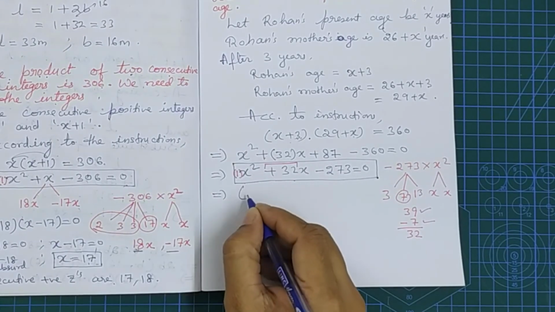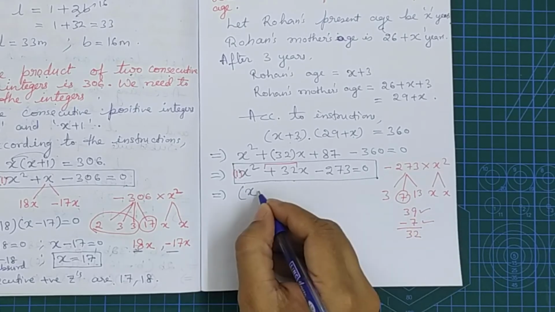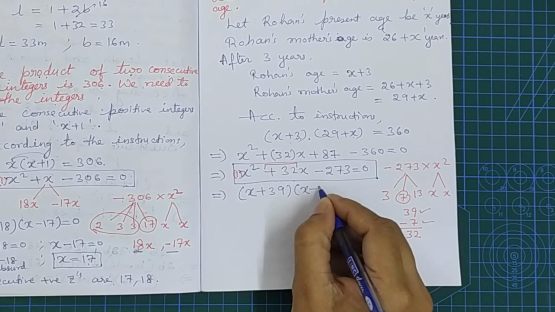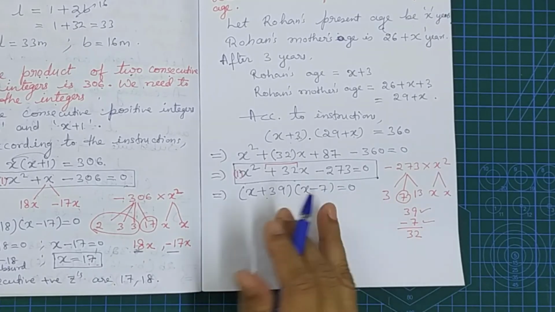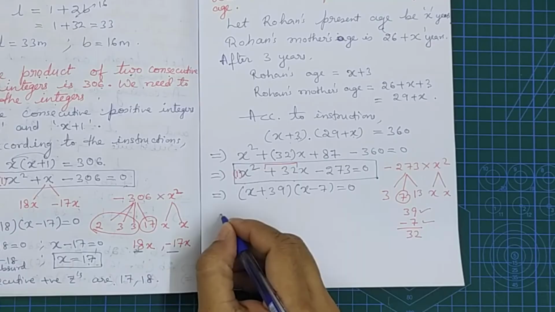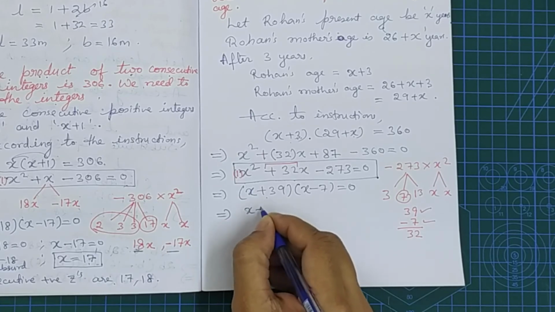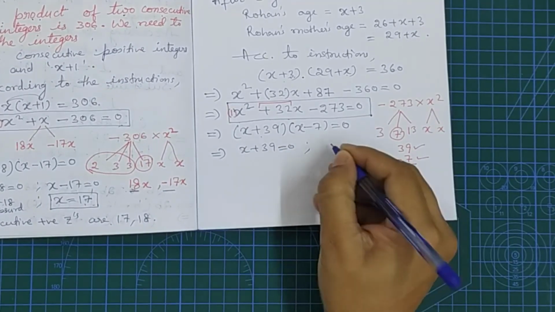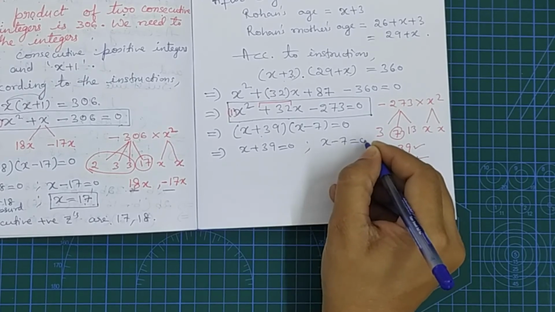So this is (x plus 39) times (x minus 7) equal to 0. Each of these factors we equate to 0. Then we get x plus 39 equal to 0 and x minus 7 equal to 0.